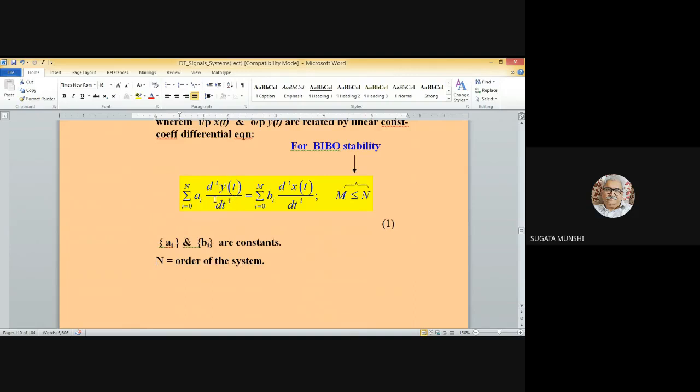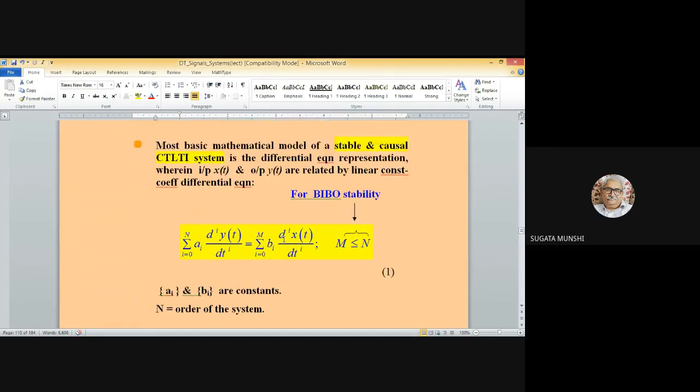First derivative has to be represented by a constant coefficient difference relation. Second derivative of yt also has to be represented by a constant coefficient difference equation, etc. Similarly, on the right hand side, each derivative of xt has to be replaced by a constant coefficient difference relation. As a result, what will happen to the equivalent DT-LTI system?